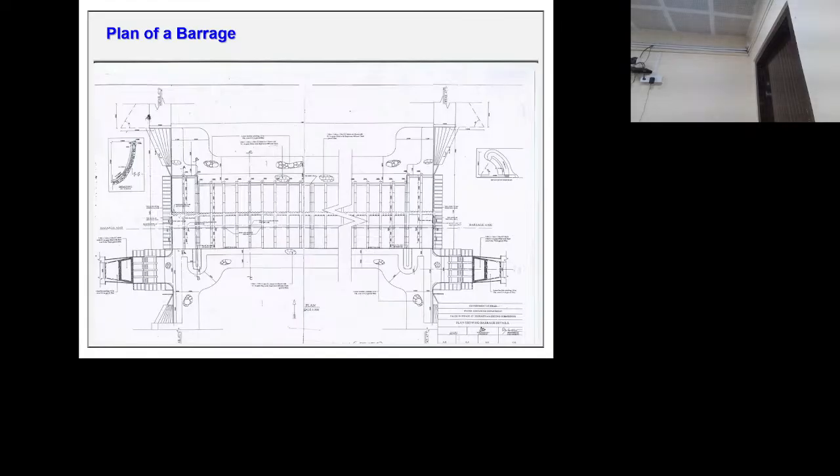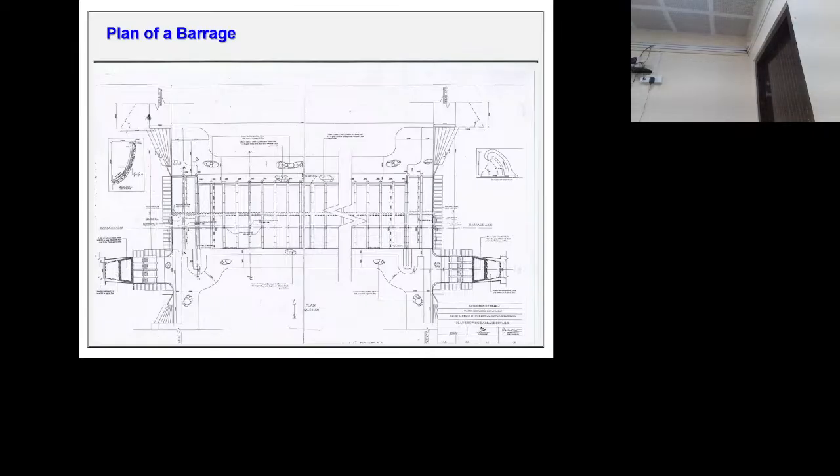This is the undersluice portion. There are two undersluices they have given. The crest level of these undersluices is 1 to 1.5 meter below the spillway crest. Suppose the spillway crest is like this, 105.